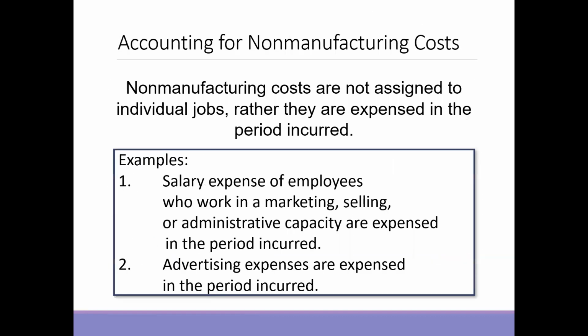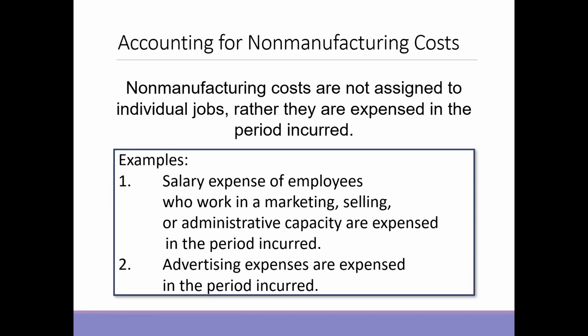So the non-manufacturing costs don't get assigned to individual jobs. So selling expenses and any administrative expenses are period costs. They're not linked to the jobs. Yes, we need those costs in order to sell, but they're not specifically job-related costs.